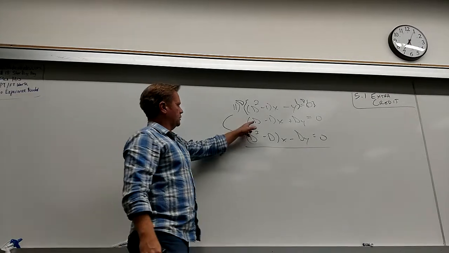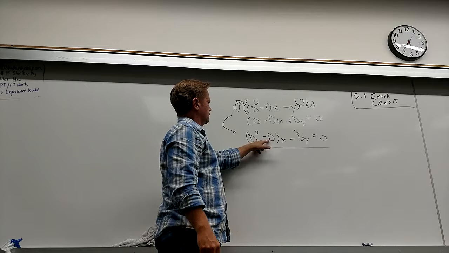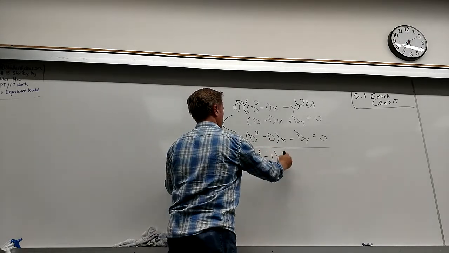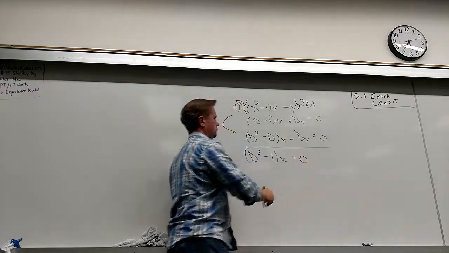You guys see what happens here? You get D cubed minus 1 x equals 0.